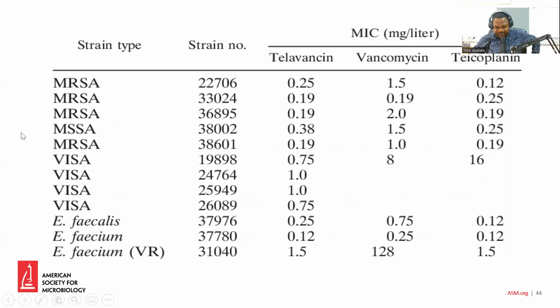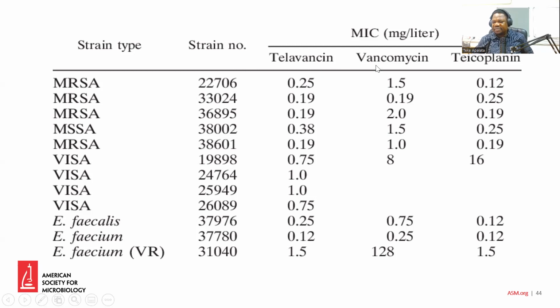They also looked at VISA, that is vancomycin-intermediate Staphylococcus aureus, and Enterococcus faecalis. Those are different reference strains, and they tried to compare the MIC of those 3 glycopeptides.